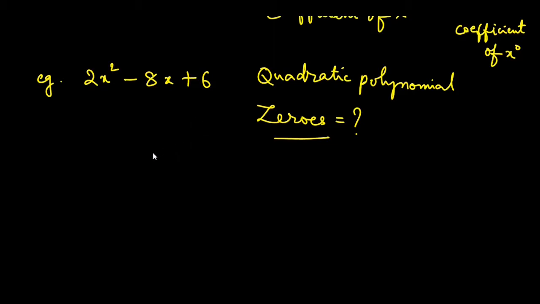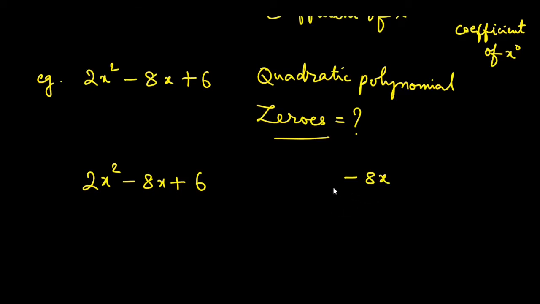Before that, let us factorize this quadratic polynomial, 2x square minus 8x plus 6. This can be factorized by splitting the middle term. The middle term is minus 8x.